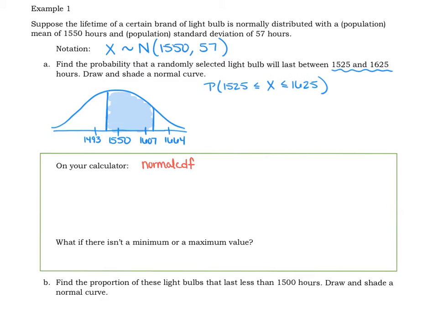So on your TI 83 and 84, again, you're going to hit the second button. Then you're going to hit VARS, again, just down and to the left of your down arrow key. And then number 2 on most calculators is where you will find normal CDF.